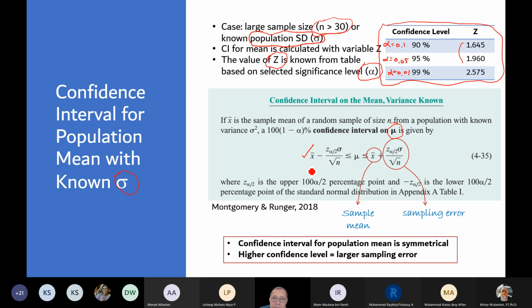This is called the left-hand side, the lower bound of the CI. And since that is the lower bound, then of course this number is the upper bound.